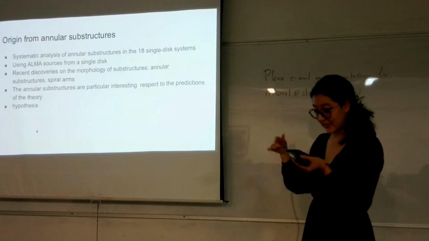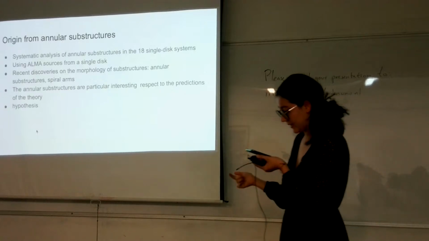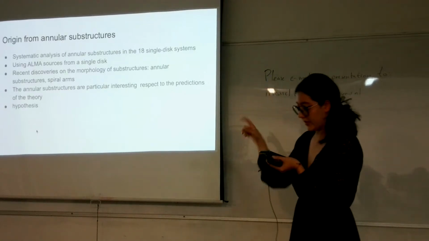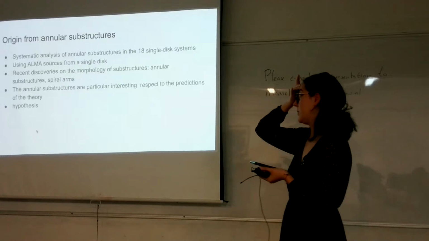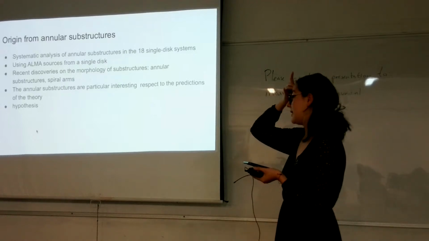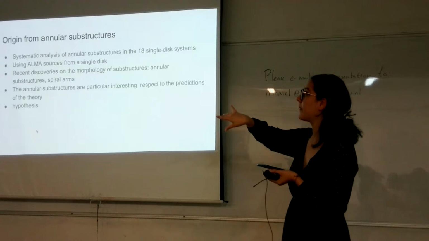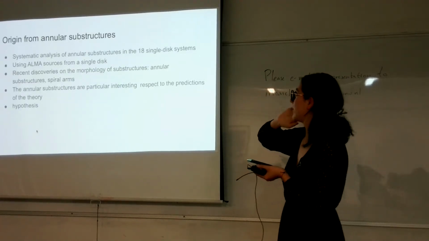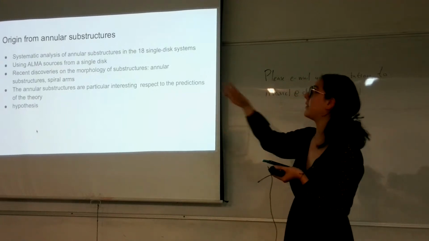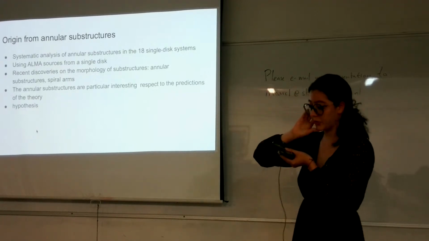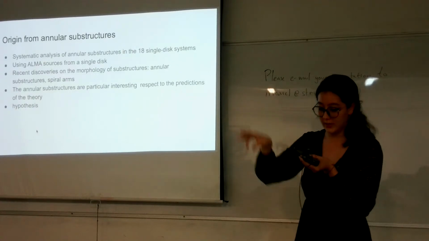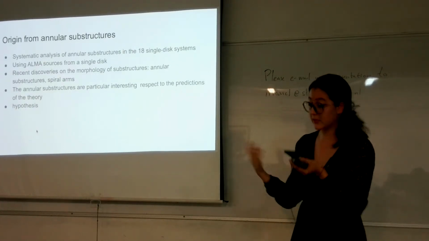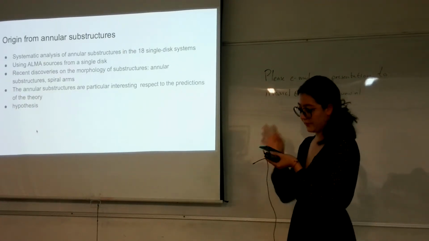So it is especially interesting to study the origin of the annular substructure compared to the simulation, because the composition of this protoplanet may give information about annular substructure compared to the theory.